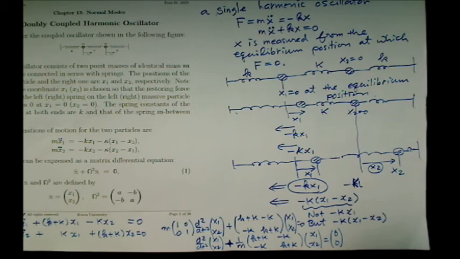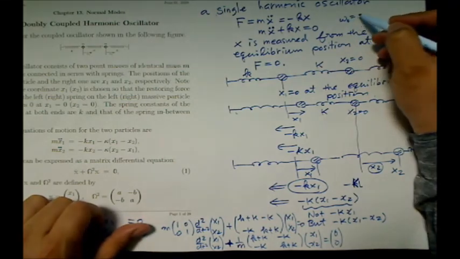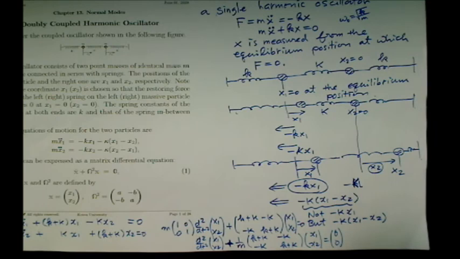And we know how to solve this problem, and there exist two linearly independent solutions, that is cosine and sine of angular frequency omega 0, that is the square root of k over m.